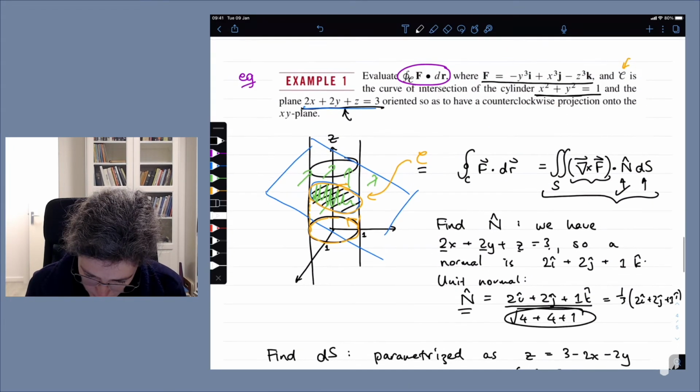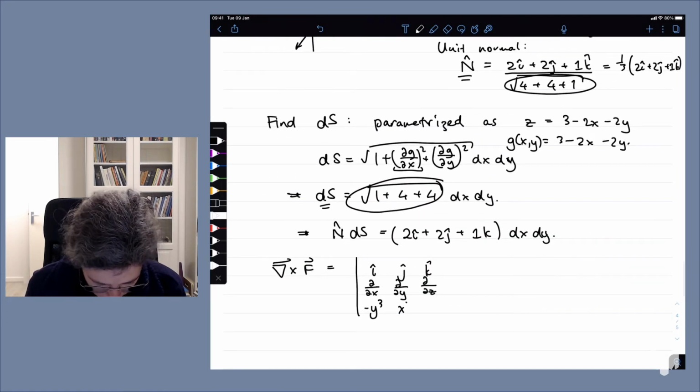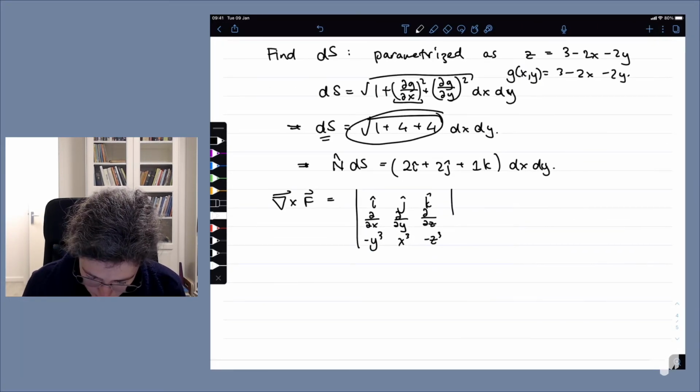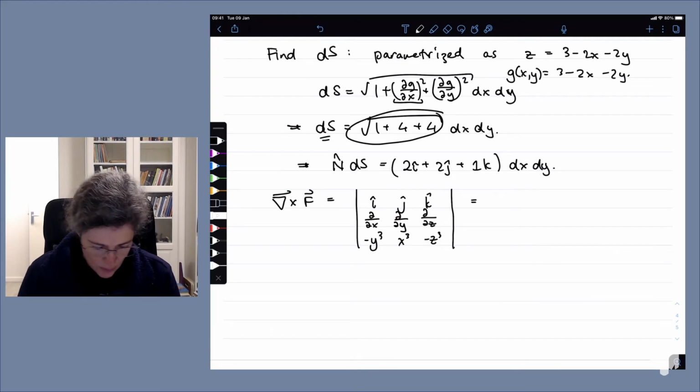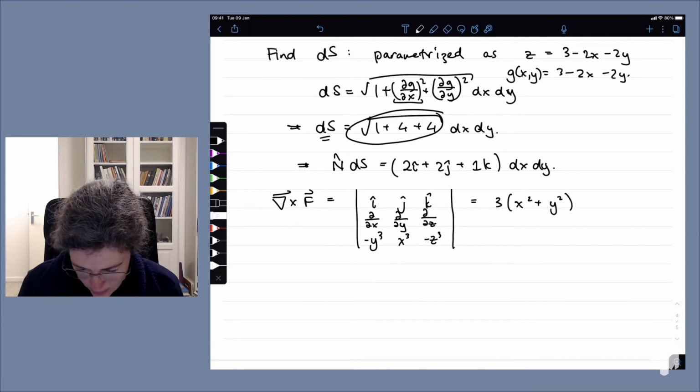What was our vector field? y cubed, x cubed, minus z cubed. And if you do all the multiplication out there, you will get 3x squared plus y squared in the k hat direction.